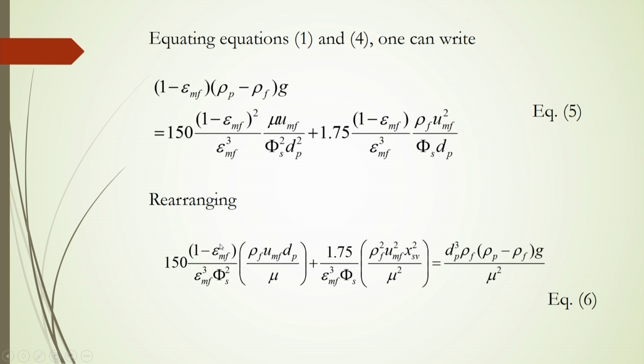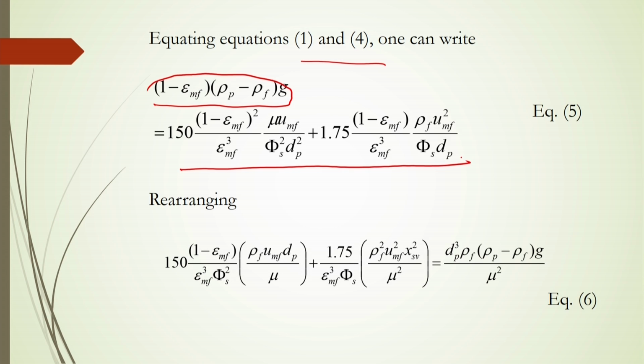Now, equating equations 1 and 4, one can write this part, 1 minus epsilon mf into rho p minus rho f into g, that will be equal to the pressure drop by the Ergun equation. Now, if you rearrange this equation, then you will get its final form.